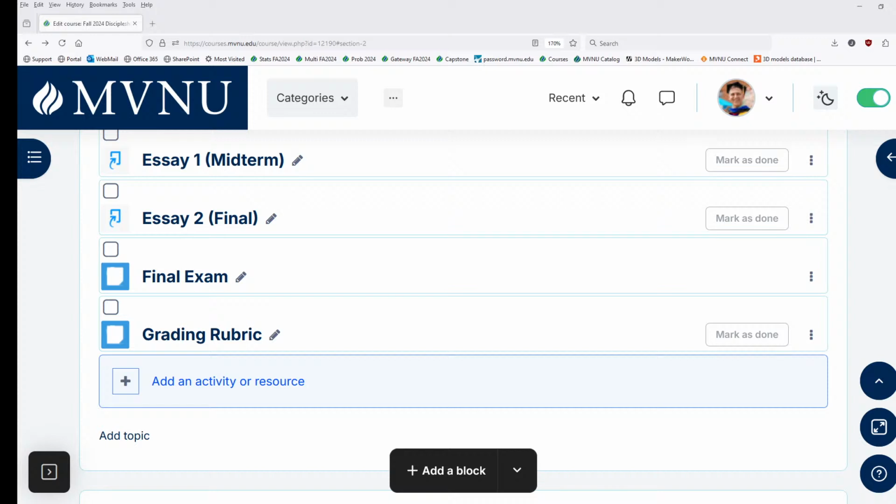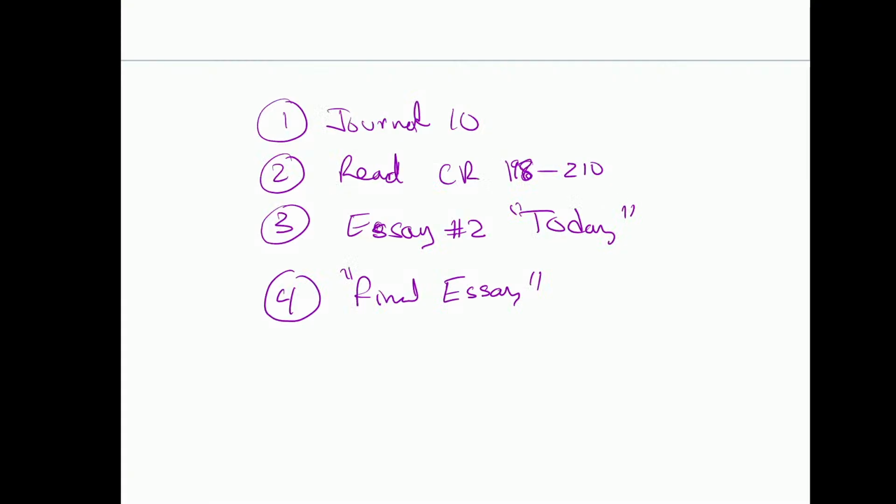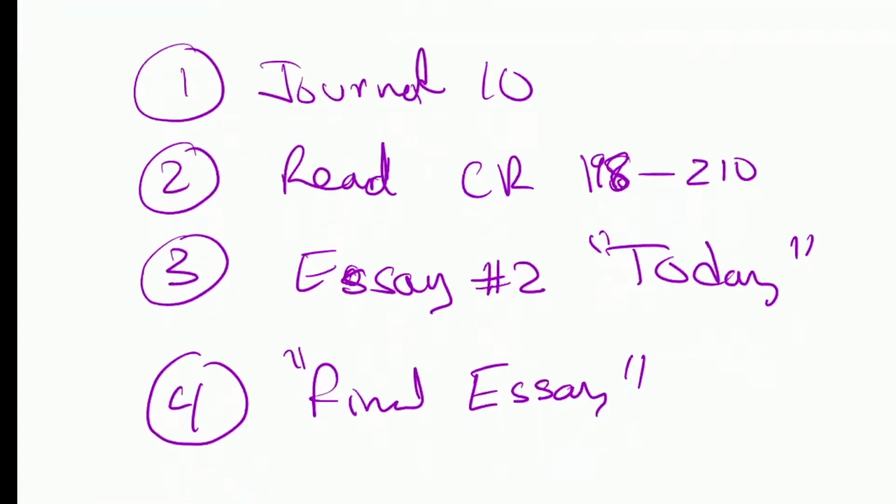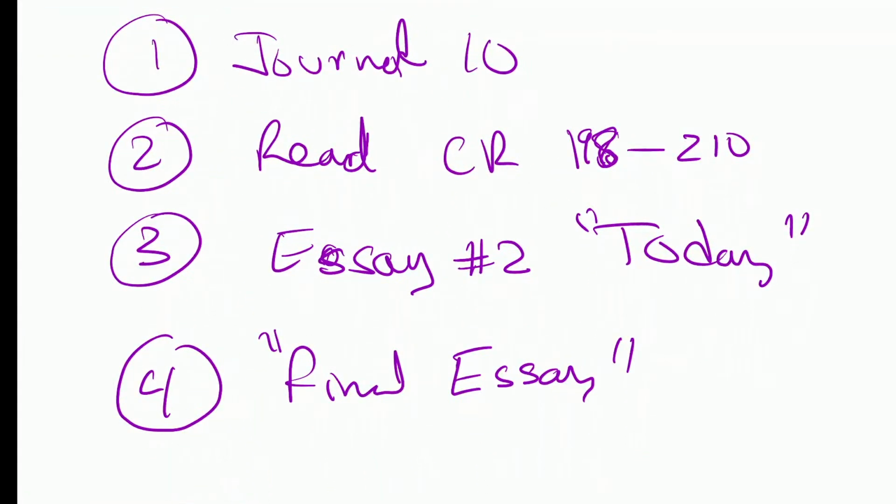Okay, so here's the final list for those who are keeping score. If you want to take a photo, there it is. You can see Journal 10, Course Reader 198 through 210. Essay number 2 is today. I put it in quotes because it really isn't due until I actually start reading them, which will probably be more like Friday or Saturday, but you might as well do it today.